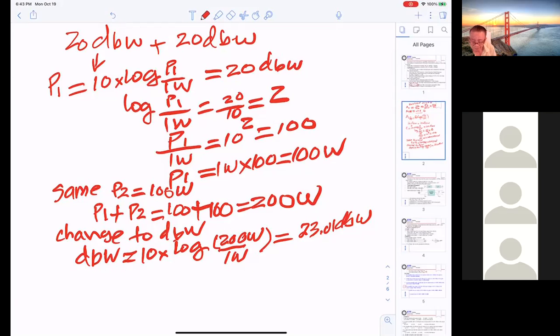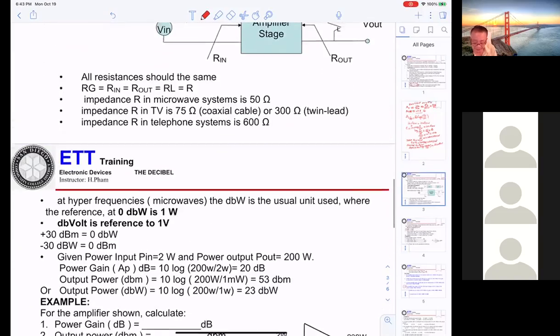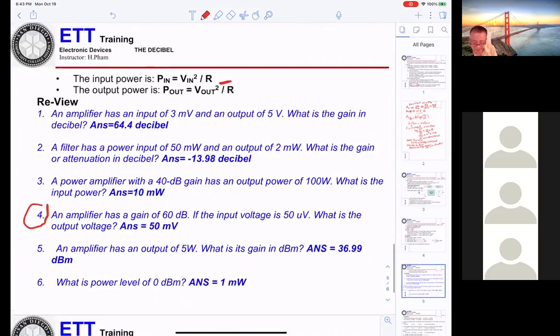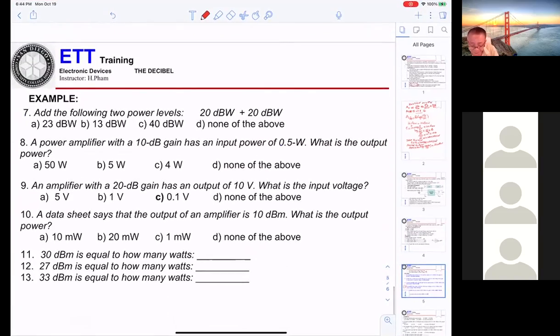Okay, thank you. Now try to finish that. Number 8: a power amplifier with 10 dB gain has an input power, what is the output power?